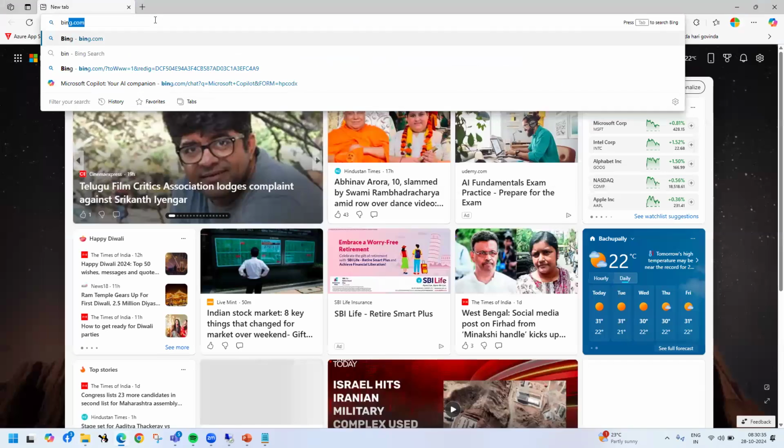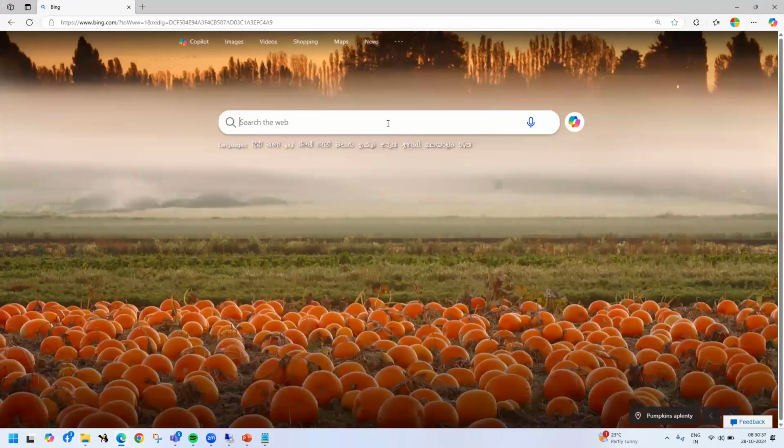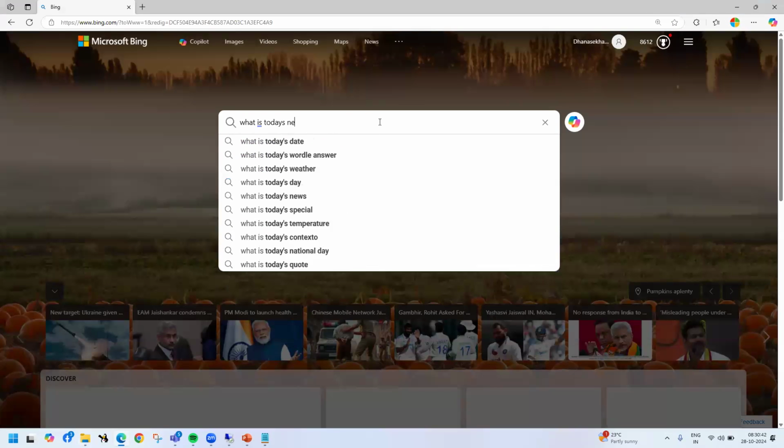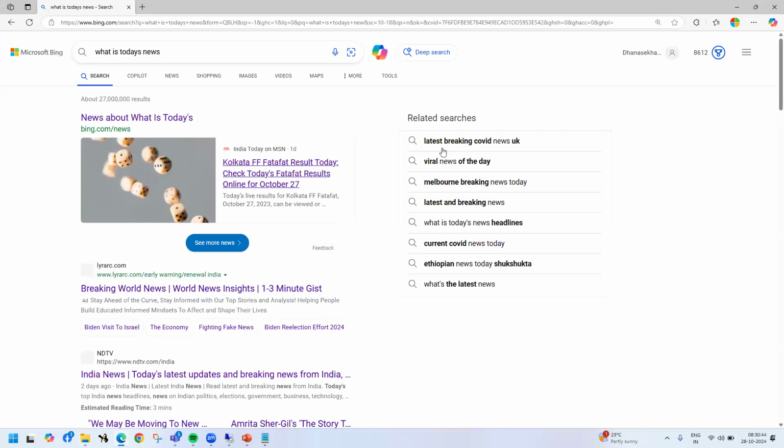See, this is the browser. Just type bing.com. Okay, what is today's news? If I type it here, see, this is the Copilot. When I click on it, it will give the information.